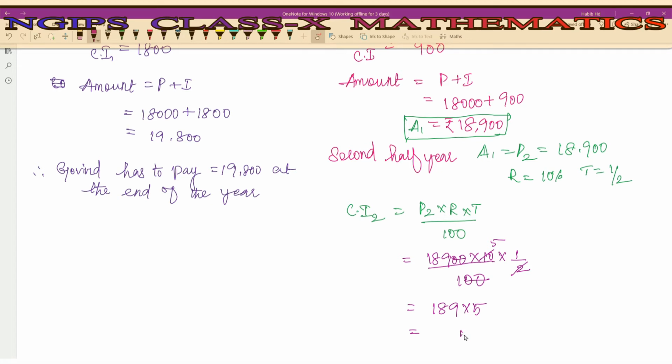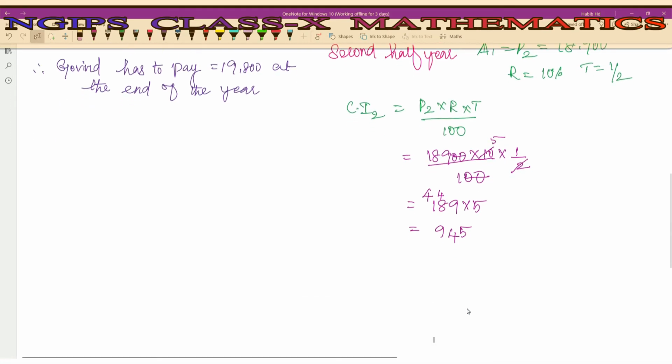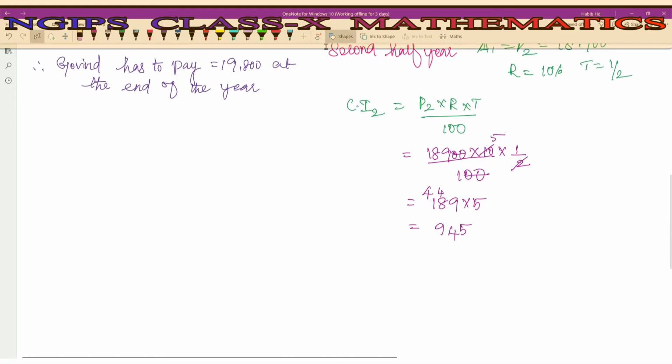If you multiply, 9 5s are 45, 5 remainder 4; 8 5s are 40 plus 4, 44, 4 remainder 4; and 5 5s are 25 plus 4, it is 9. So we got 945 rupees. So this is the compound interest for the second half year.